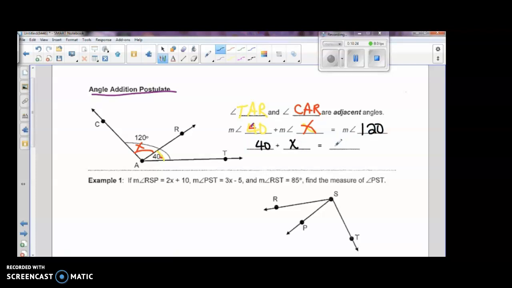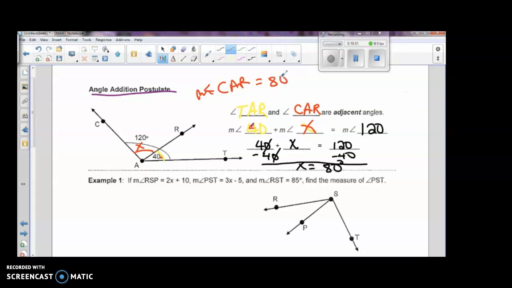So let's just add those up. 40 plus X equals 120, and some extremely difficult algebra. We cross out the 40s, and we have x equals 80. So that's part plus part equals whole. So we have 40 plus 80 equals 120.